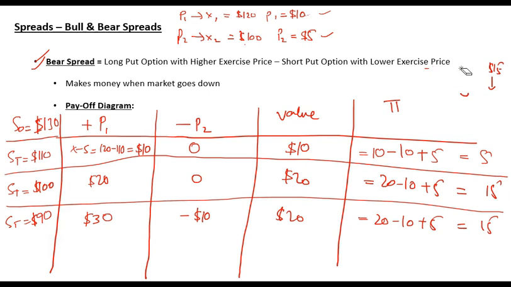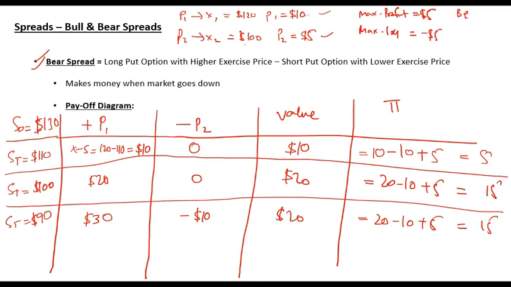So maximum benefit will be reached at the lower strike price, which is $15. So maximum profit will be $15. What is the maximum loss? Maximum loss will be the net premium, minus 10 plus 5, which is $5 of loss.